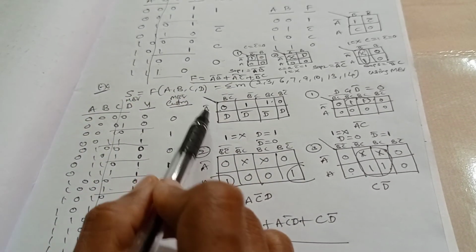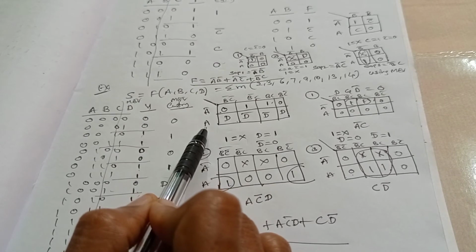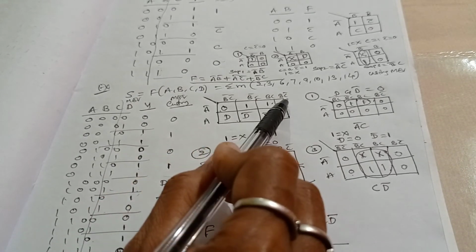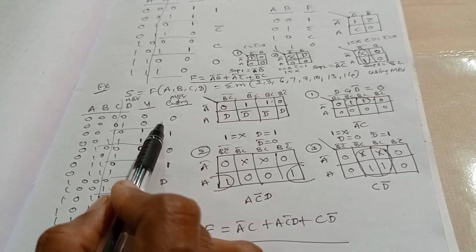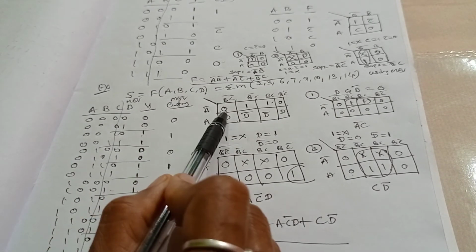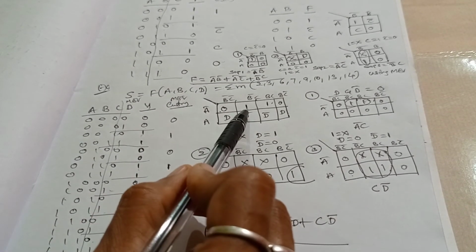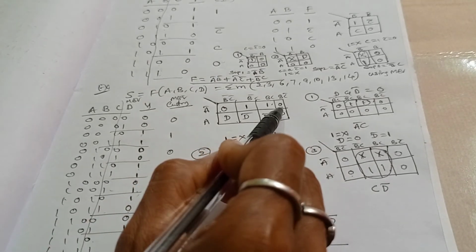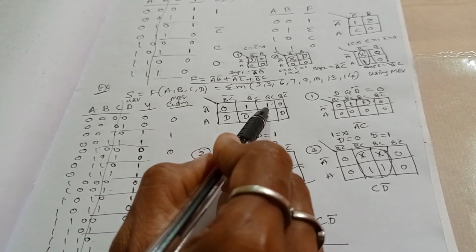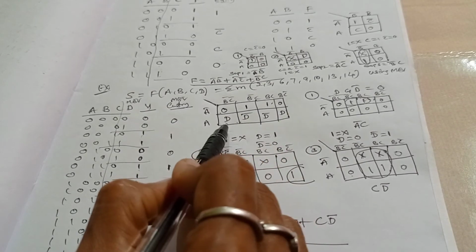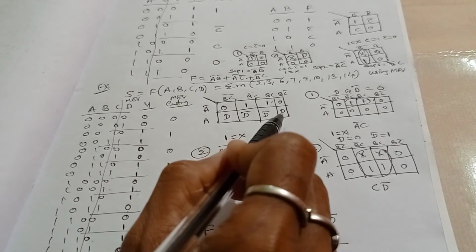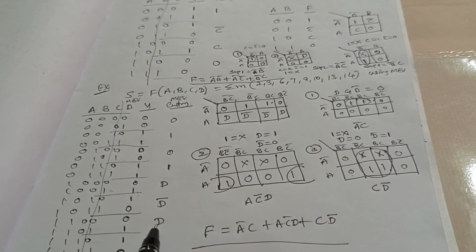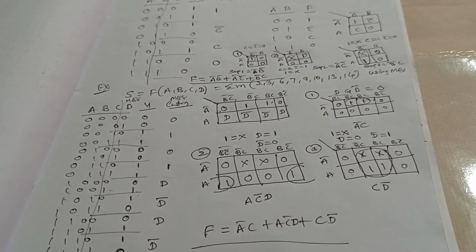Now consider A variable on one side and BC variables on the other side, and enter these outputs in the cells according to the cell number. Cell number 0 is 0, cell number 1 is 1, cell number 2 is 0, cell number 3 is 1. Now coming to cell number 4, D; 5, D bar; 6, D; 7, D bar.